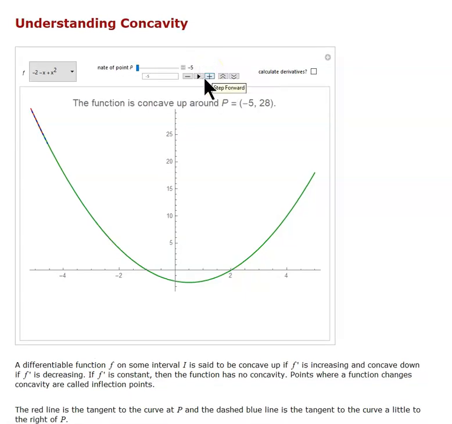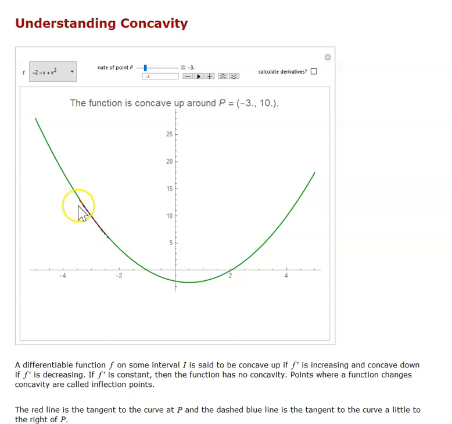So I'm going to start incrementing x, and as the line segments move together, we can now see that they're starting to separate. And keep in mind that the slope of these line segments, or the derivative, is negative.